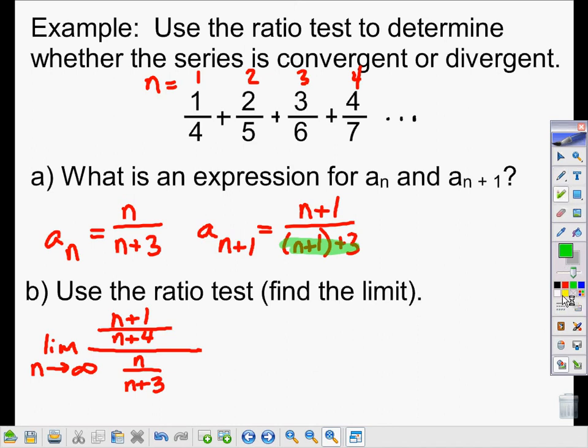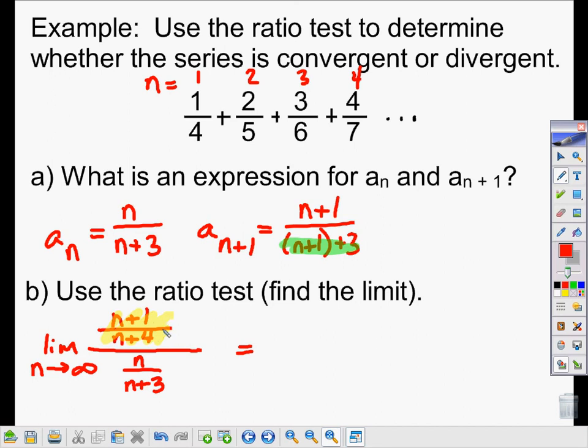I'm going to speed up the process a bit. So the limit up top, I take the limit of n plus 1 over n plus 4. If I put in a really big number, like a billion again, I like that number, I get 1,000,000,001 over 1,000,000,004. Again, with a big number like a billion, 1 doesn't really mean much, and neither does 4.